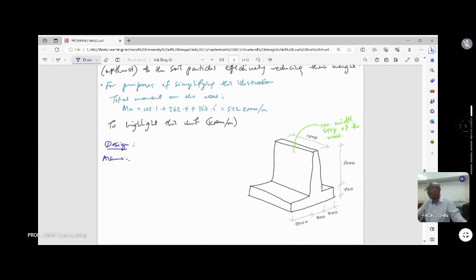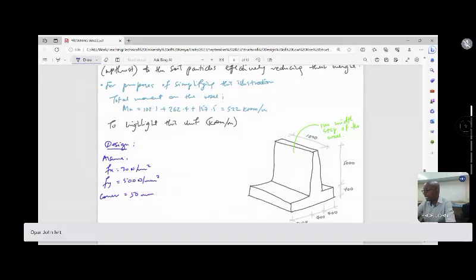Use 30 newtons per millimeter squared. Fy 500 newtons per millimeter squared. And the concrete cover is 50 millimeters. Why 50 millimeters? Because this wall is exposed to the ground, and it's basically considered a foundation element.